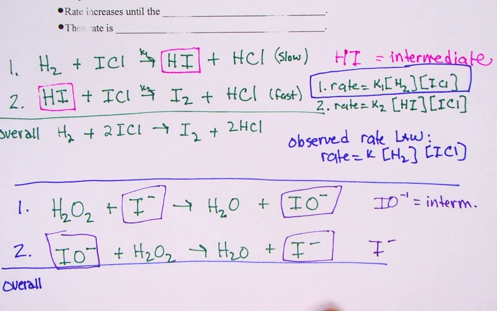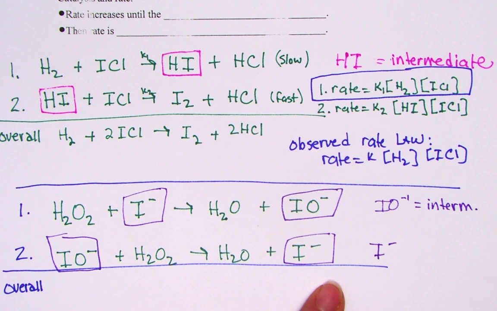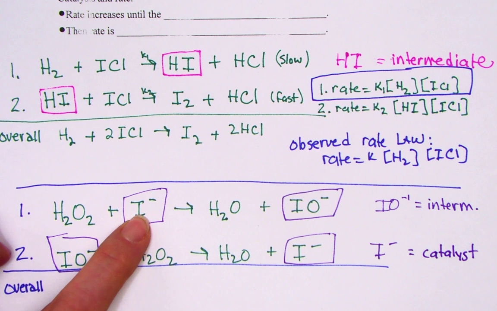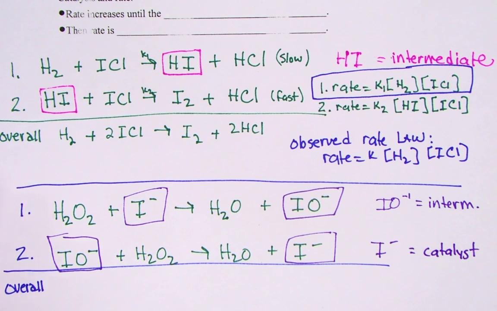I negative is a reactant in step 1 and appeared unchanged as a product at the end. This is known as a catalyst. Not a reactant, not a product. It simplifies out of the overall equation. It's something I added to alter the pathway to create a faster first step.